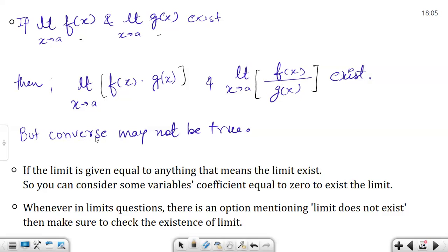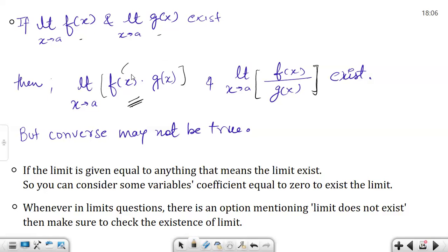If both functions' limits exist, we can safely say the limit of the product f(x)g(x) or of their division will also exist. But if we say the limit of f(x) times g(x) exists, we cannot say that the limits of f(x) and g(x) separately also exist.